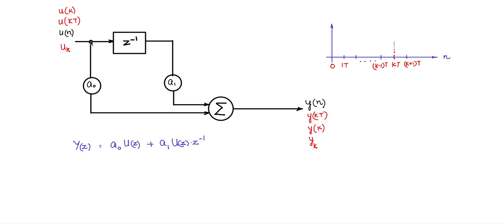So if this is u of k or the kth sample of u, what is available here is the (k minus 1) sample of u, which is u subscript k minus 1. Now let us write the equation for y k. y k is, look at this, a0 into u k plus a1 into u k minus 1. So u k minus 1 is nothing but U(z) into z to the power of minus 1, the unit delayed version of U(z). So that is u k minus 1, the previous sample.